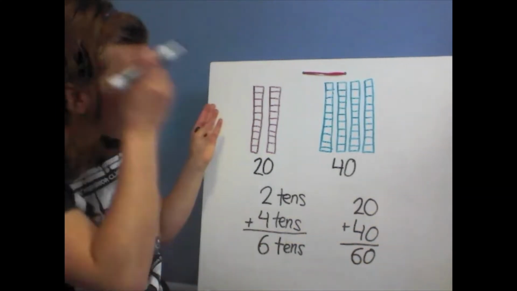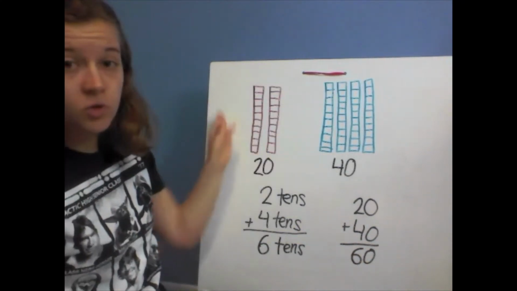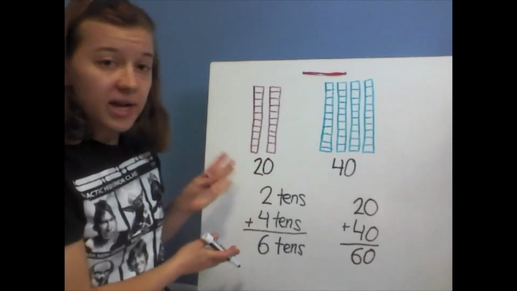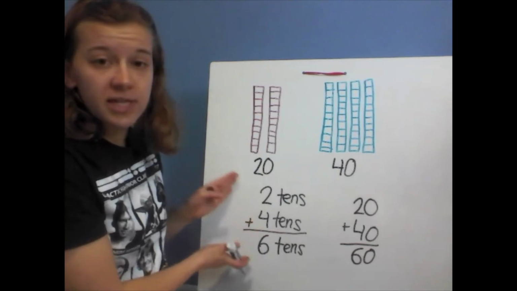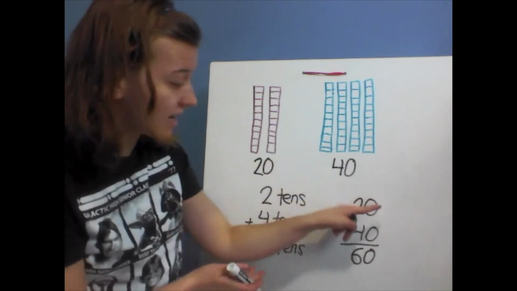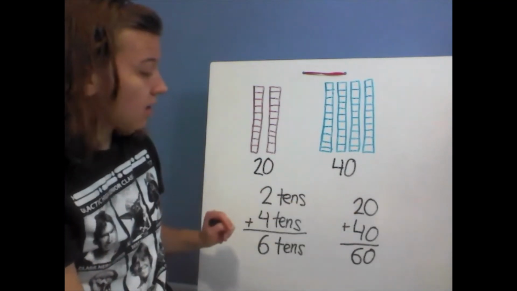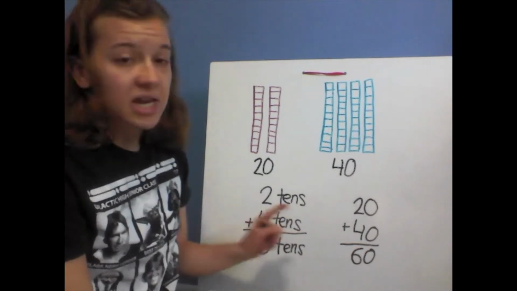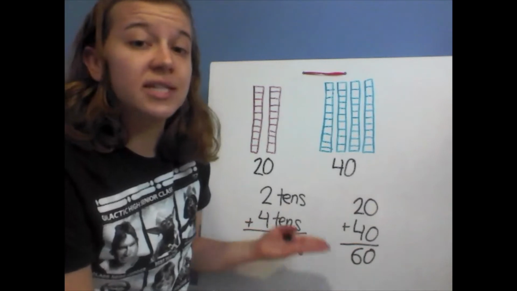Okay, so we added two 10s plus four 10s and got six 10s. But another way to write that, instead of saying two 10s plus four 10s equals six 10s, we can say 20, because two 10s equals 20, plus 40, four 10s equals 40, equals six 10s, which is 60.